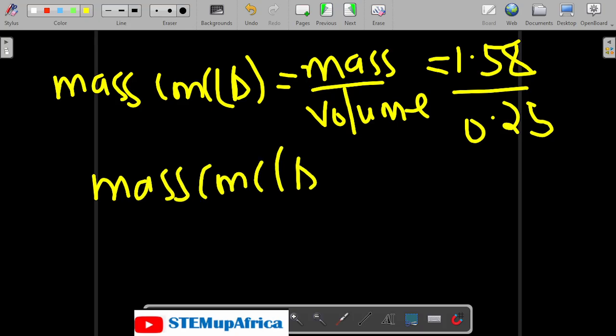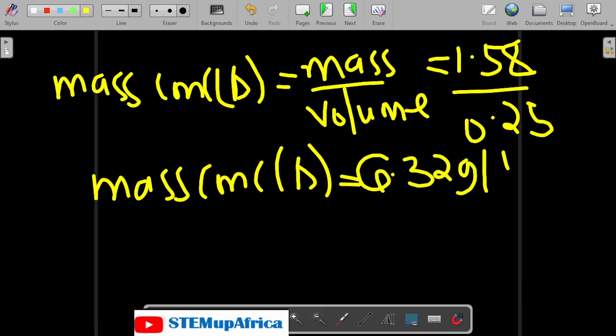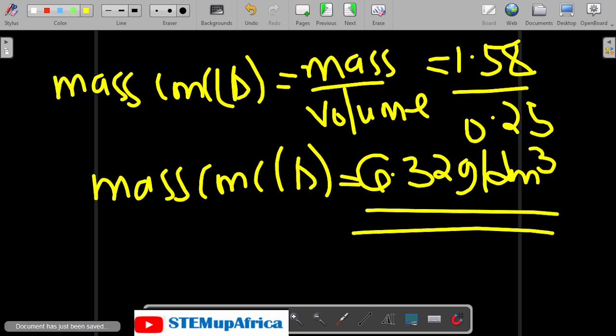Let's divide that. 1.58 divided by 0.25 will give us 6.32 grams per dm cube. This is the solution to B, Roman figure 1.